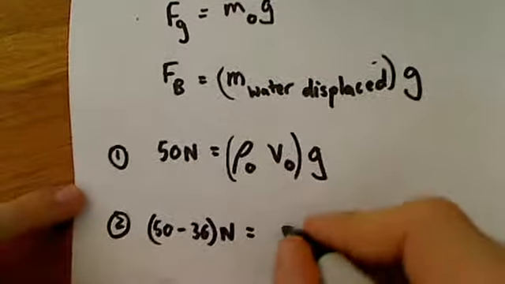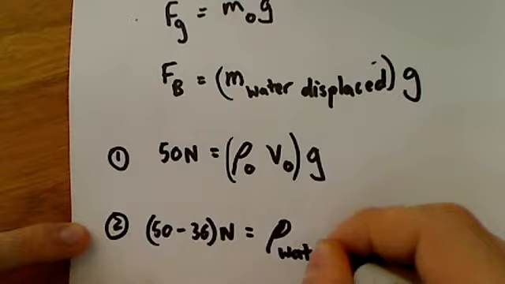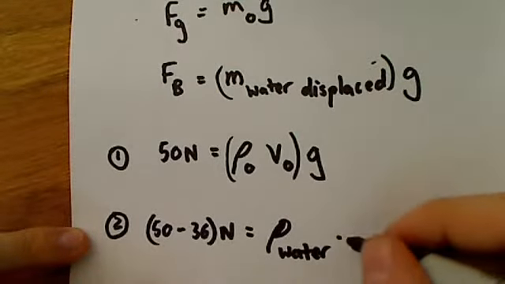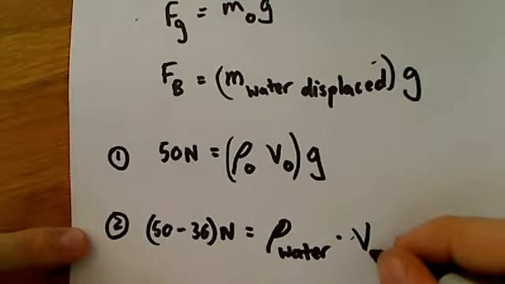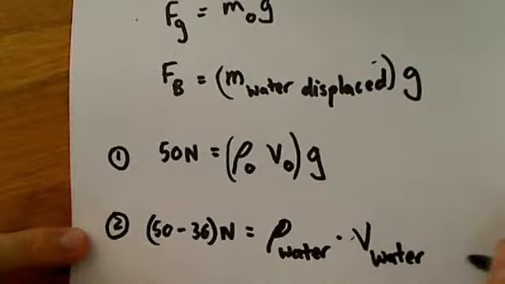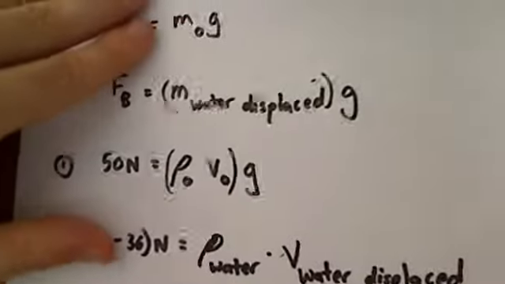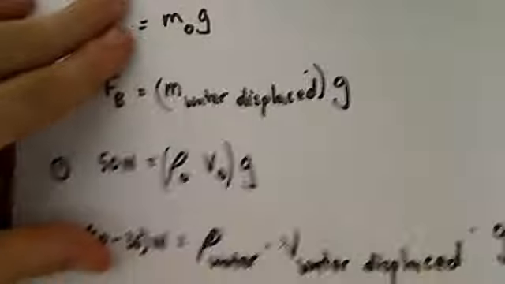So this would be the density of water times the volume of the water displaced. And last is our g, our constant.